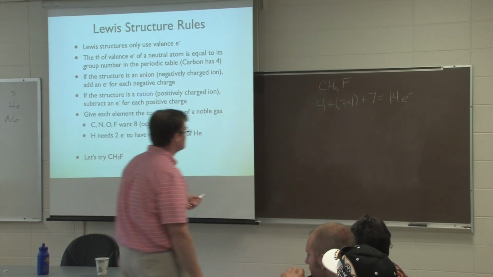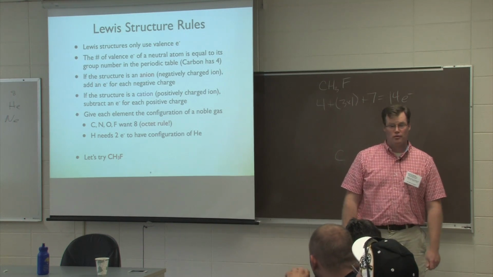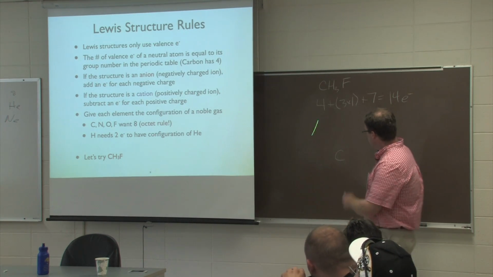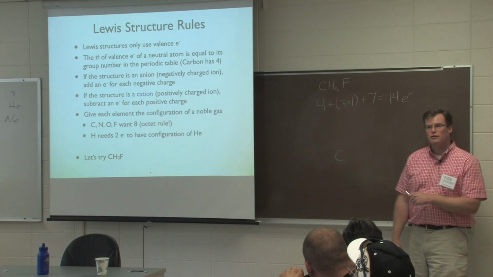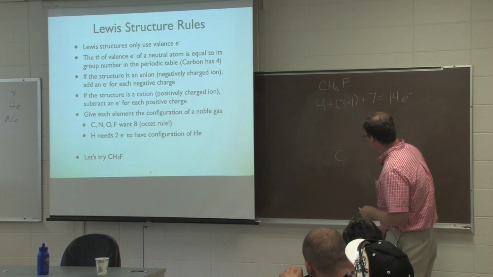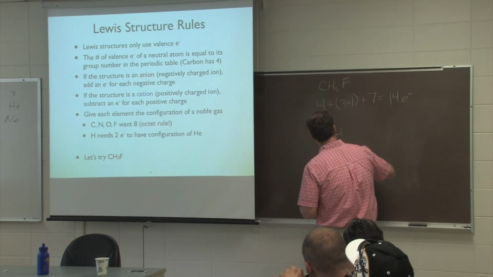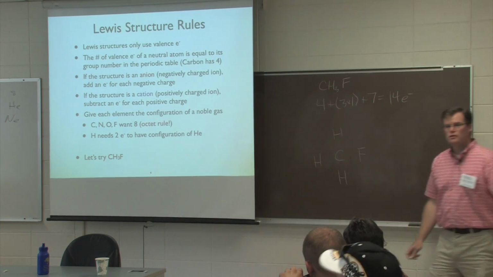We have 5 atoms in this molecule, so carbon probably forms bonds with the remaining 4. And I've sort of tipped you off in how I've written it here. I've put the 3 H's right after the carbon. So I can say that this carbon will likely form bonds with these 4 atoms.